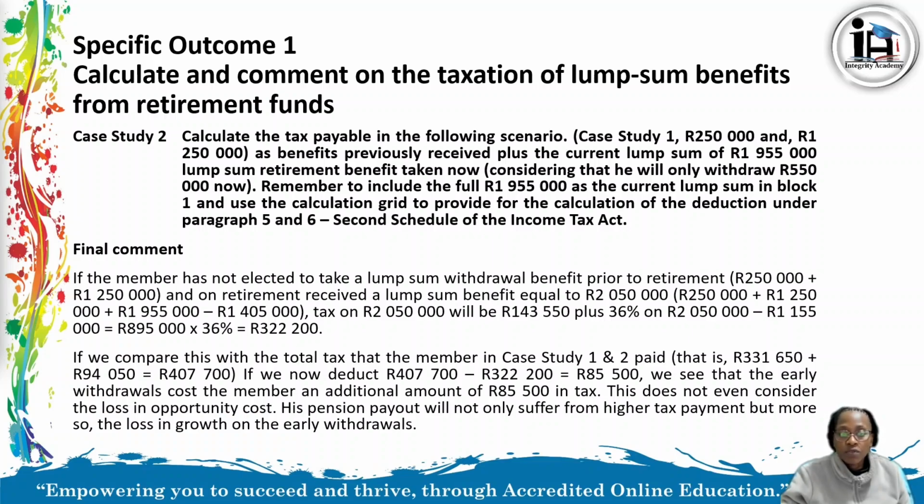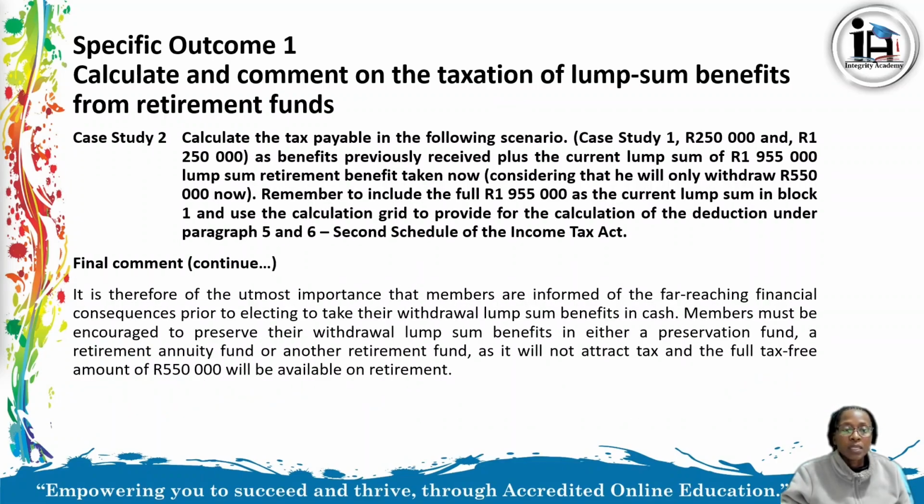This does not even consider the loss in opportunity cost. His pension payout will not only suffer from higher tax payment, but more so the loss in growth on the early withdrawals. It is therefore of the utmost importance that members are informed of the far-reaching financial consequences prior to electing to take their withdrawal lump sum benefits in cash.